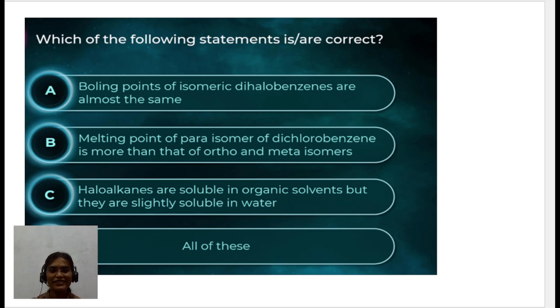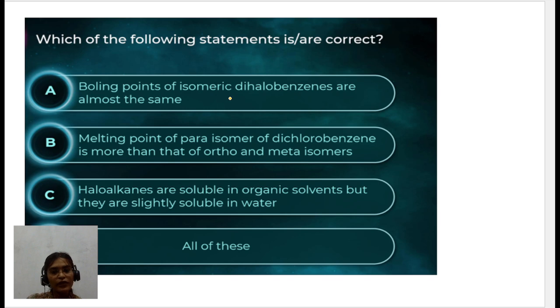It's not like all of the above is there, so maybe that is the correct answer. Maybe it's not the case. C, D, okay. So many variations. So let's read these points one by one and find out whether each is correct or not.